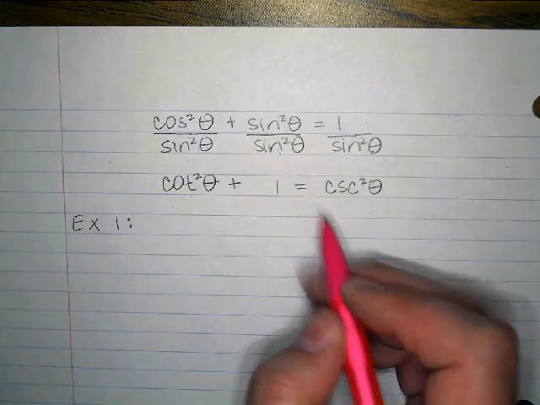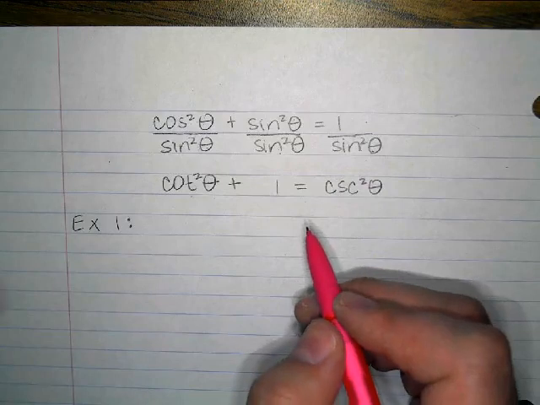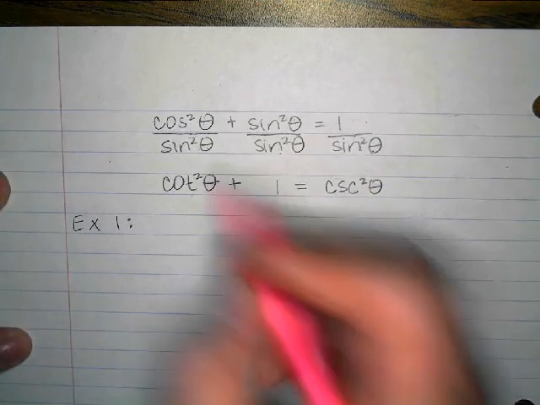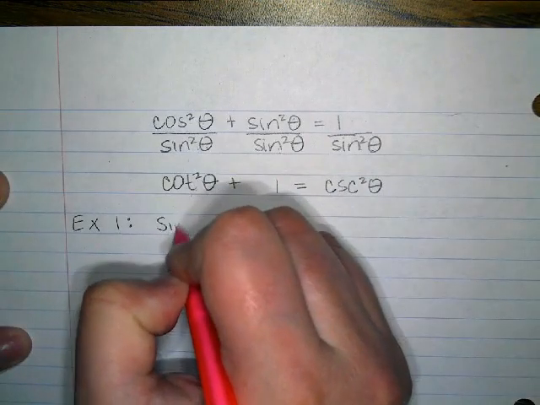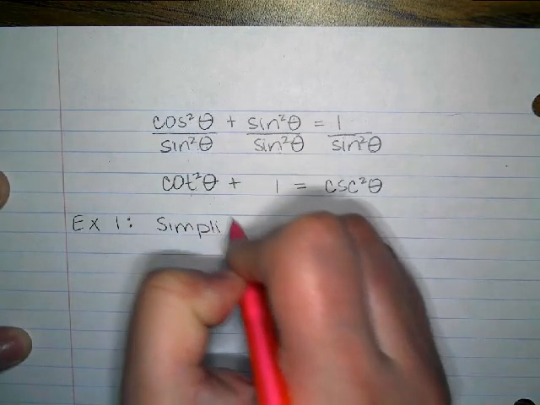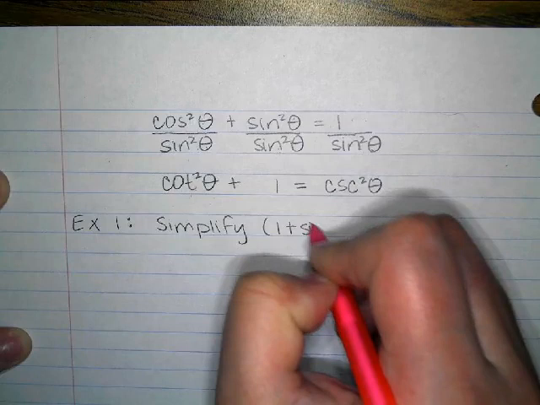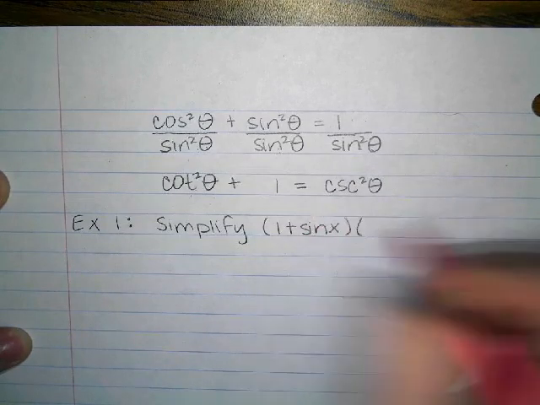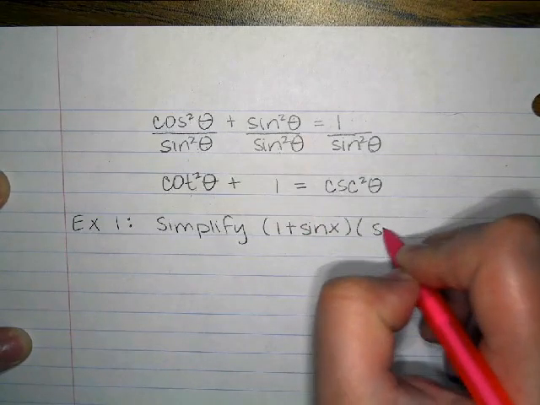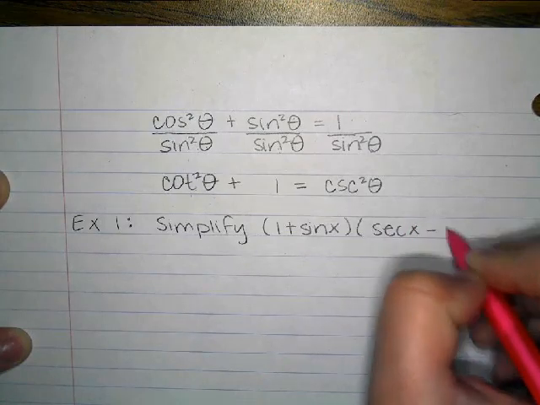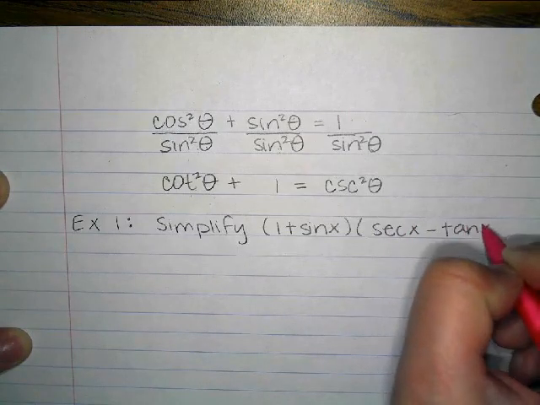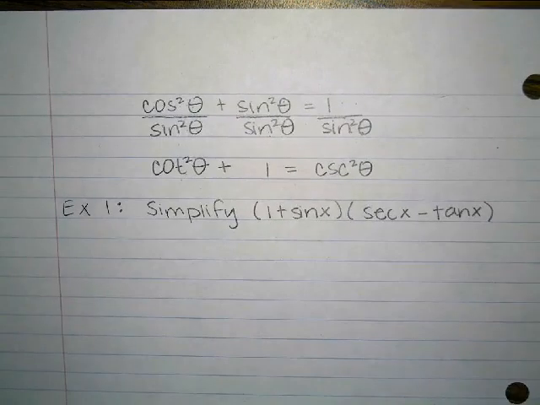So the first problem that we're going to do is we are going to simplify 1 plus sine x times secant x minus tan x.